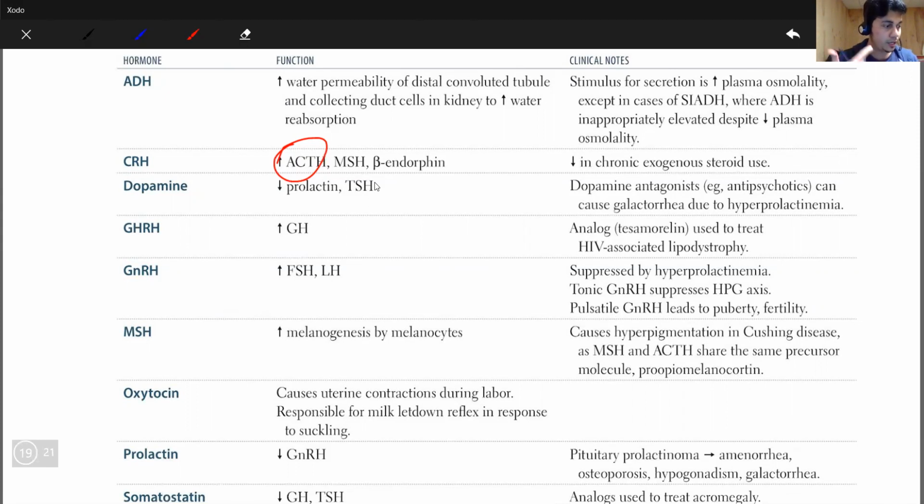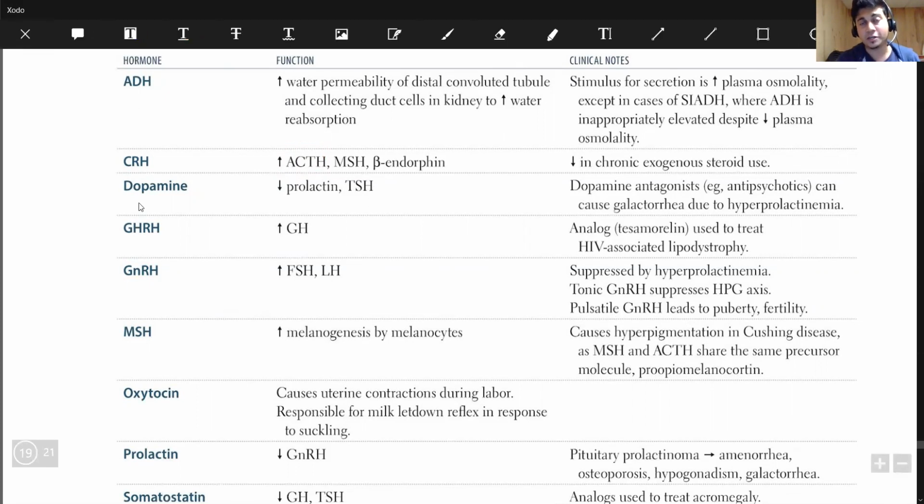That steroid will go to the pituitary and decrease the release of ACTH. Usually, if you have an increase in steroid in your body, the ACTH level goes down. It's a negative feedback effect. So it's an example that chronic exogenous steroid use decreases the CRH release from the hypothalamus.